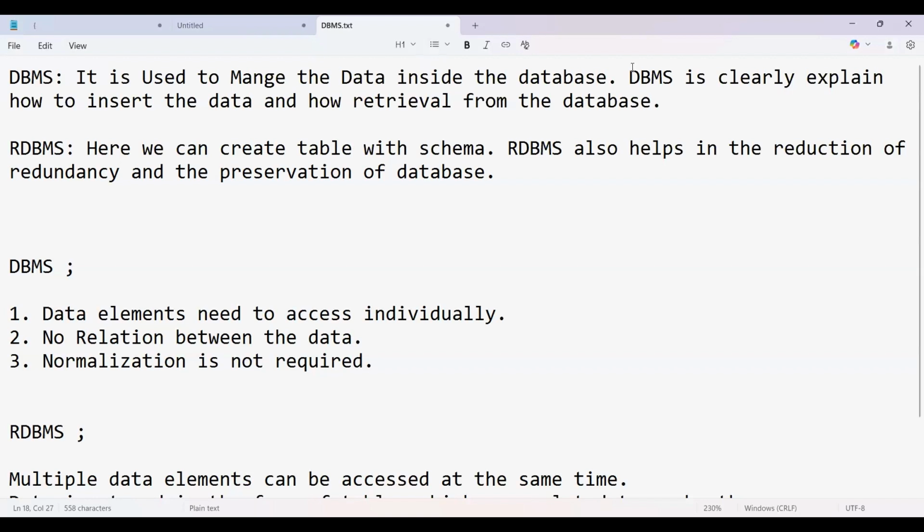RDBMS also helps in reduction of redundancy. By using normalization, we can eliminate the duplicate data and improve the data integrity.